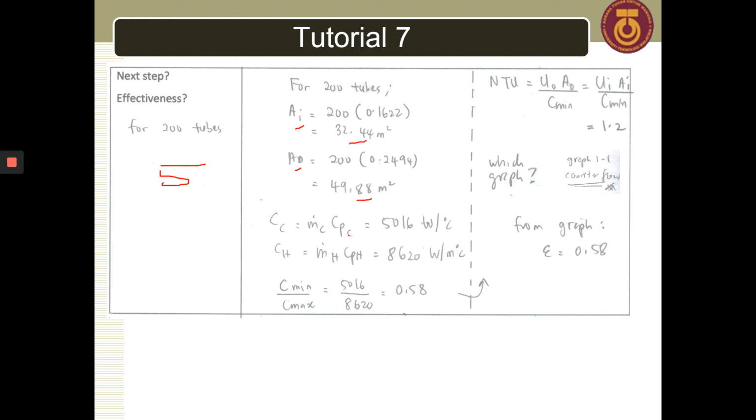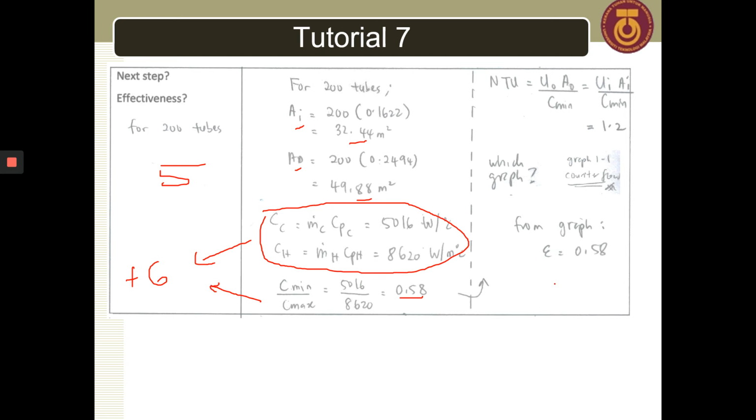So from here, you know that this is not changed. This part is actually from tutorial 6. Because mass flow rate you keep maintained the same, only the arrangement is different. So that means you can calculate the C min over C max ratio, and this gives you 0.6. So this is also the same as tutorial 6.